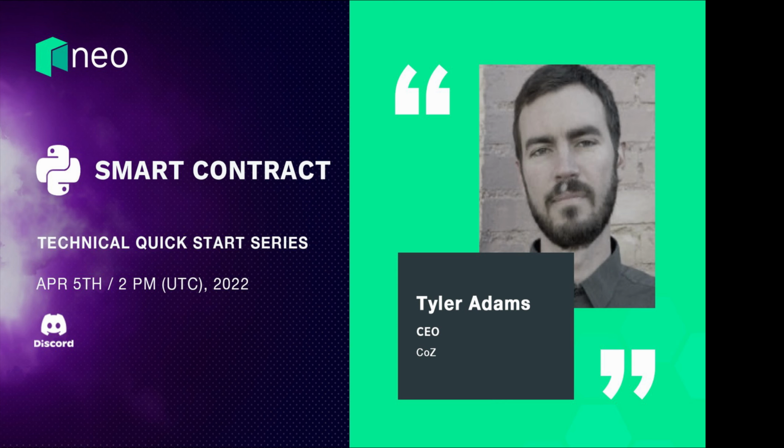With props, for example, the contract source is in BOA, so it's Python based. But once it's deployed, the Neo blockchain doesn't know the difference between whether it was written in Python or JavaScript or Go or C#. It just knows the NVM bytecode. So you can write a contract in any programming language to interface with any smart contract that's deployed on the Neo blockchain, irrelevant of which language the source code is in.